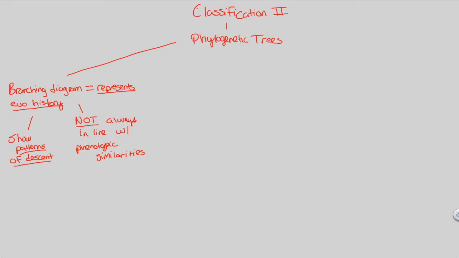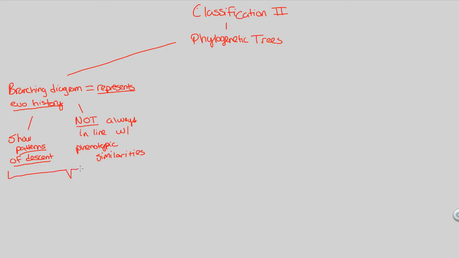Those two things are both wings. This does not necessarily mean that birds and butterflies, just because they share this wing phenotype similarity, share the same evolutionary history. So we have to be careful in terms of how we look at the sharing of traits. The patterns of descent will tell us whether or not the sharing of traits is, let's say, homologous or analogous. And that's something we'll go over in just a second.